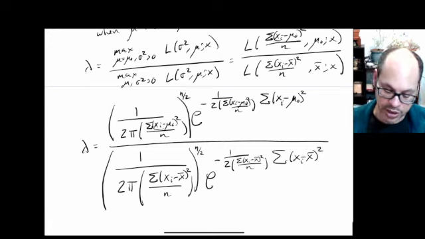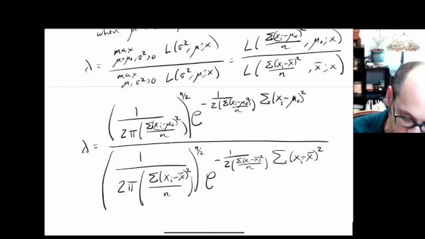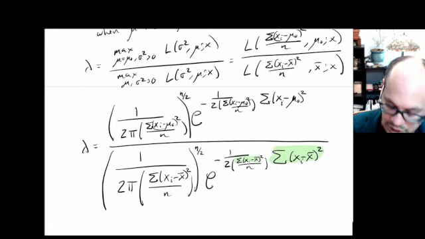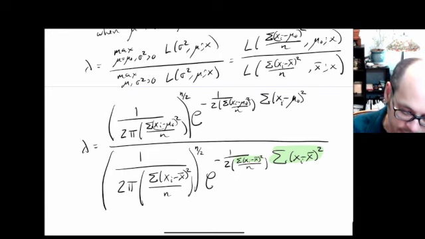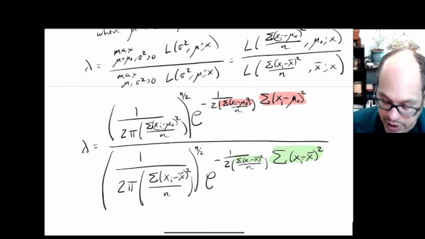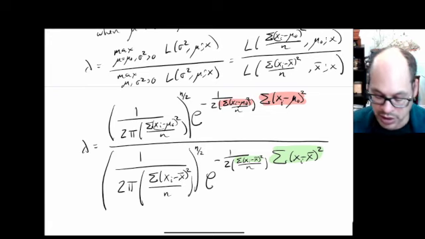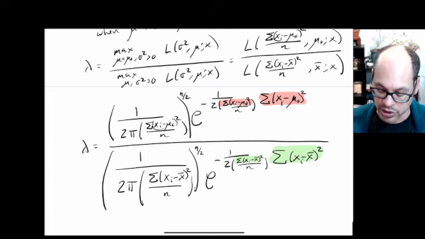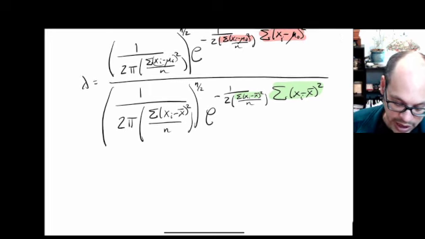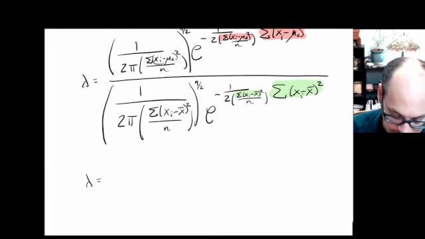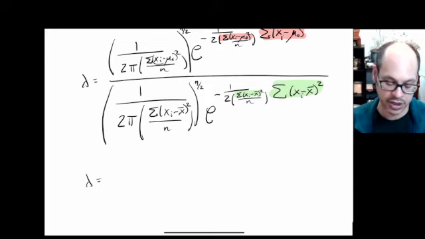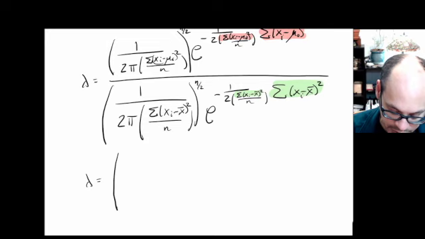Now you'll notice we have a bit of cancellation going on here. This term here is the same as this term there, which is in the denominator. And this term here is like this term in that denominator. And so those actually cancel, and then that n flips. So both of those are just really e to the n over 2's. So we just get lambda is, and of course, on the bottom, I can flip these fractions around.